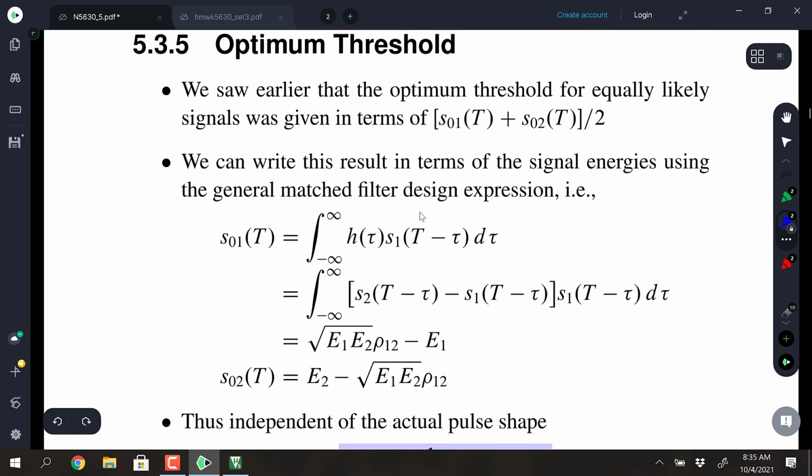Okay, this just revisits the optimum threshold. This is for the equally likely signals. Remember, the bonus problem in the homework is just the analysis to prove what the threshold is for non-equally likely.